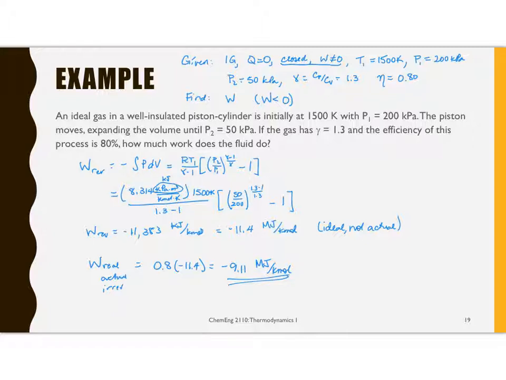I want you to start paying attention to when we do problems where we talk about real versus reversible, because as we move into chapter 5 and start talking about the second law, what you're going to start noticing, and probably you've noticed this just in your real life, is that the actual amount of work you are able to do is less than what these ideal model predictions will tell you. And that's going to just be a general truth. And we're going to be talking about that very soon, as I say, in chapter 5 for this textbook.